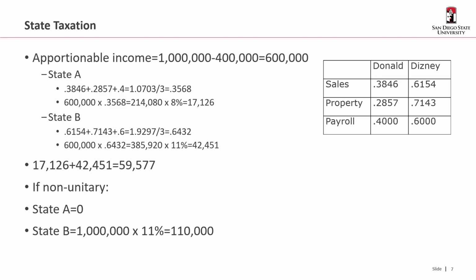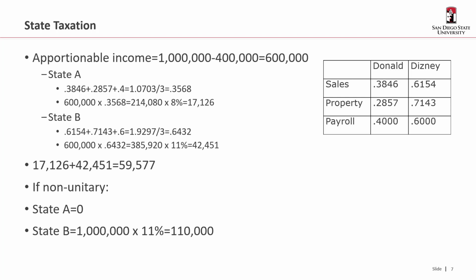So you can see that I'm blending the $1 million of income with a $400,000 loss, and I get a $600,000 taxable income that I now need to apply allocation and apportionment to. Since it's all business income, we apply a strict 3-factor formula to that, and you'd see that I would end up allocating about 36% of that income into state A. Multiply that by the 8%, and I get tax liability of about $17,000.